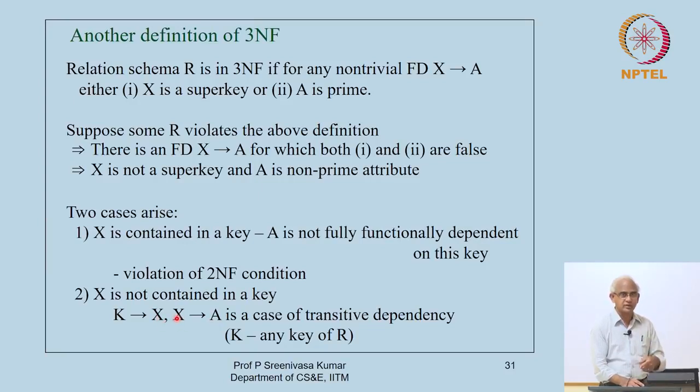In the transitive dependency, we exactly put this particular constraint there, saying that x should not be part of a key. So, this is a case of transitive dependency, K determines x, x determines A. K can be any key here, because every key determines x and x determines A is given to us.